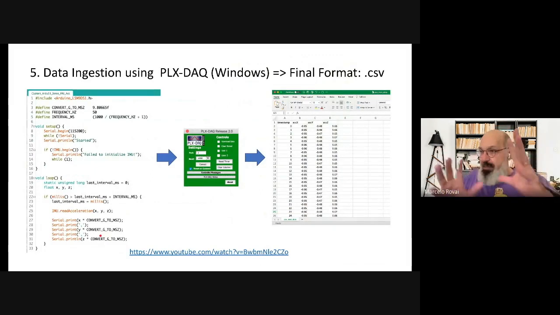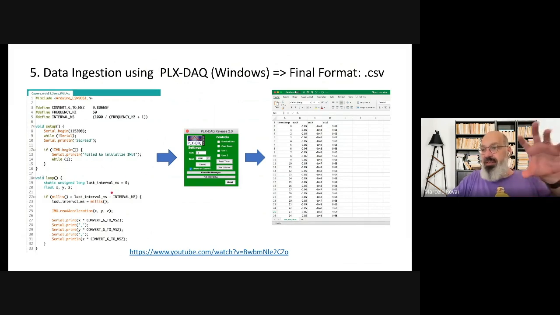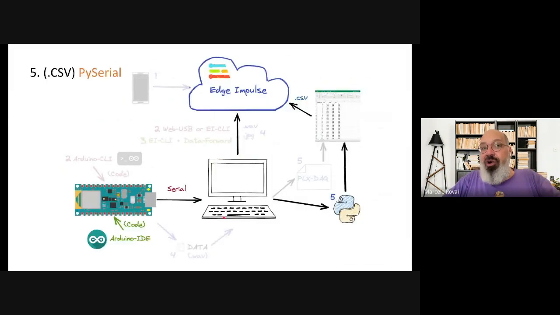So it is the same idea. You have here the program that was inside the device to capture the data, and it's very similar to the code that we use for a normal accelerometer. Use PLX-DAQ here; there is a step-by-step program to do that. This works for Windows. Unfortunately, it doesn't work for Mac or Linux.